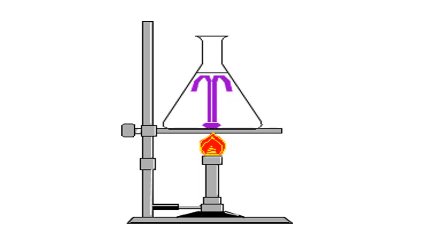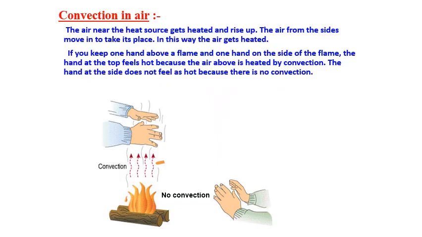If you do not have the round bottom flask, then you can take a conical flask. Now take some water in it, then put the burner, Bunsen burner it is, and you will see the hot water is rising up and cold water is moving down, right? So this method was convection in water.